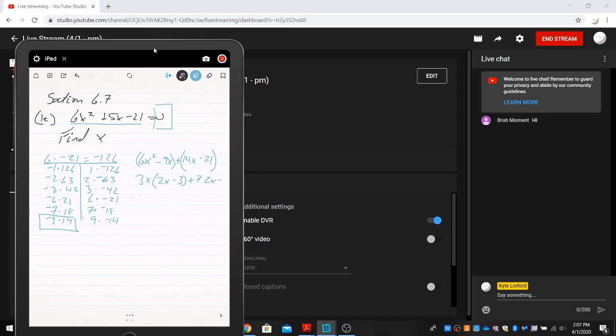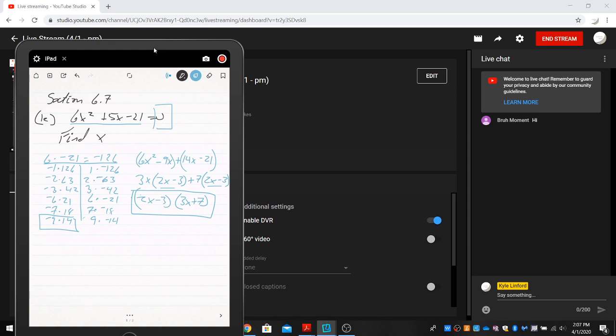So I get 2x minus 3. Again, now that they have a common binomial, we can factor that binomial out. And what we're left with is 3x plus 7. These are the factors of the polynomial. So all that this work is doing is letting us rewrite the problem.